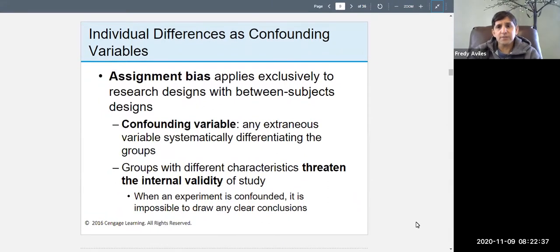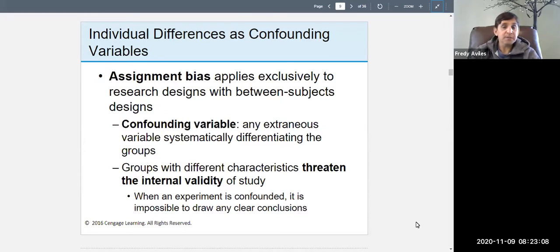So these individual differences, the fact that your participants differ, can basically create what are called confounding variables that we talked about before. One of those confounding variables, for instance, because you have different participants, is that your experiment can suffer from what's called assignment bias. That applies exclusively to research designs that are between subjects. So when you have a between subjects experiment, you can have assignment bias.